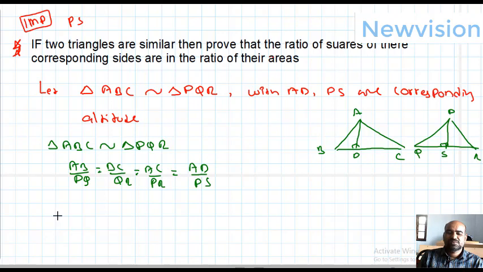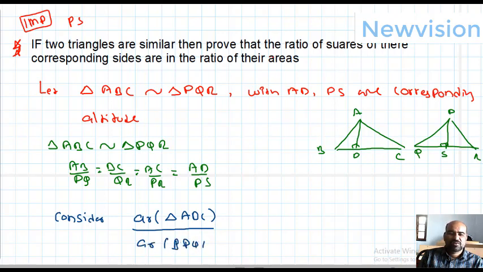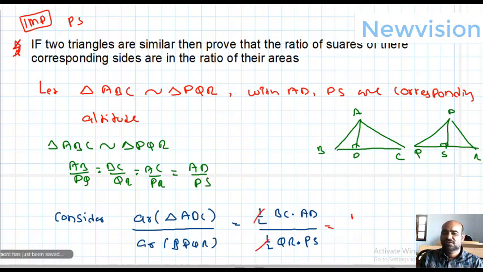Now consider area of triangle ABC by area of triangle PQR; I want to find the ratio. Half into base BC, height AD, by half into QR into PS. Here the half gets cancelled. So we get BC by QR into AD by PS.